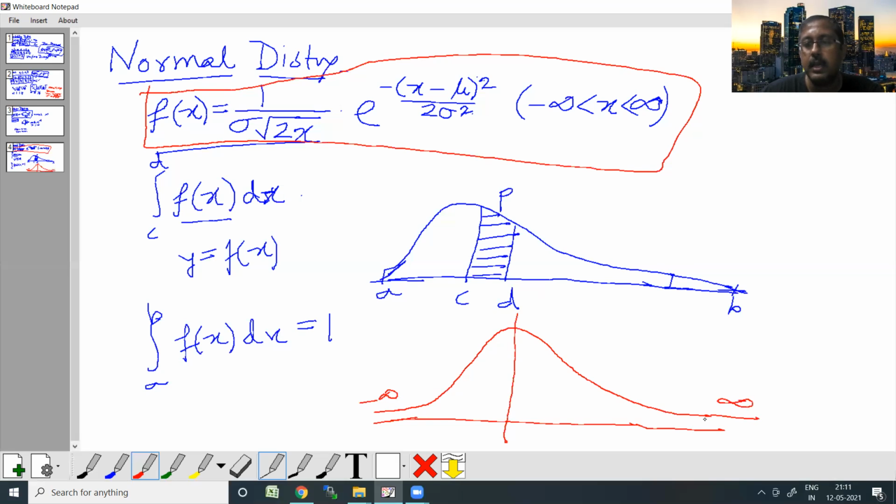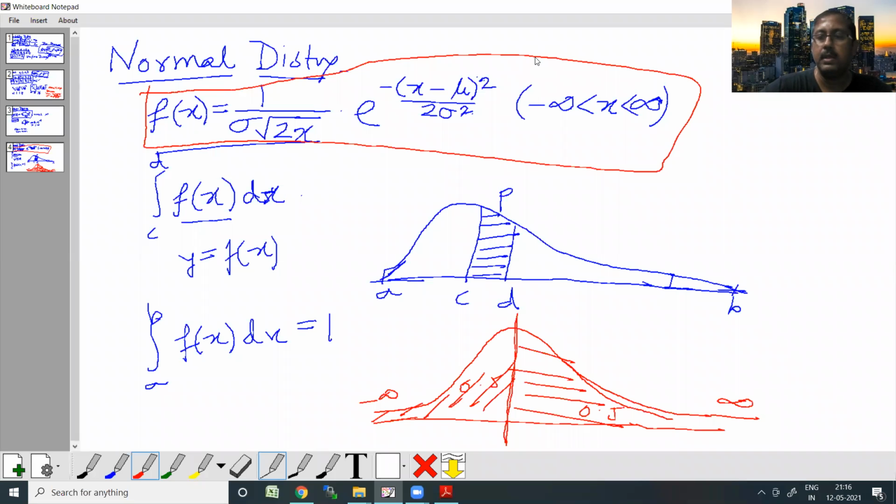I think the way I have drawn it is a little off. Both sides are going to have the same area. The area of the curve from here to here is going to be 0.5, and the same from here to the other side is also going to be 0.5. So this is how a normal distribution looks.